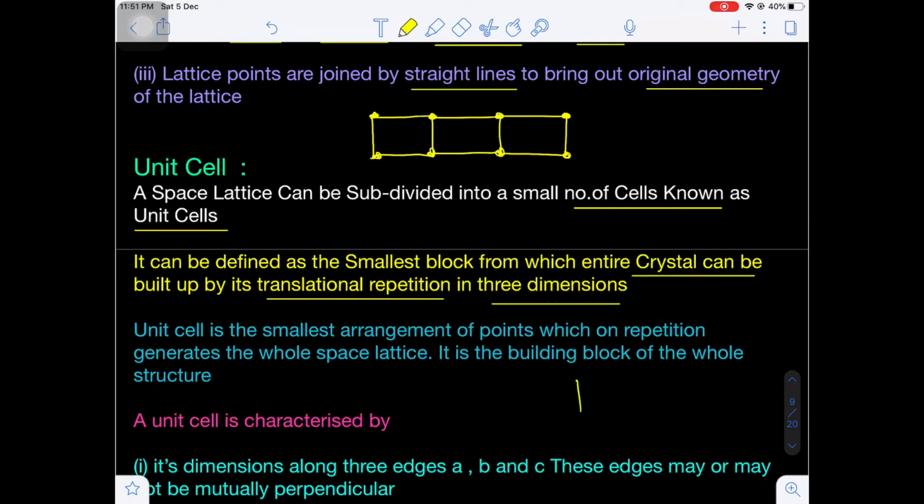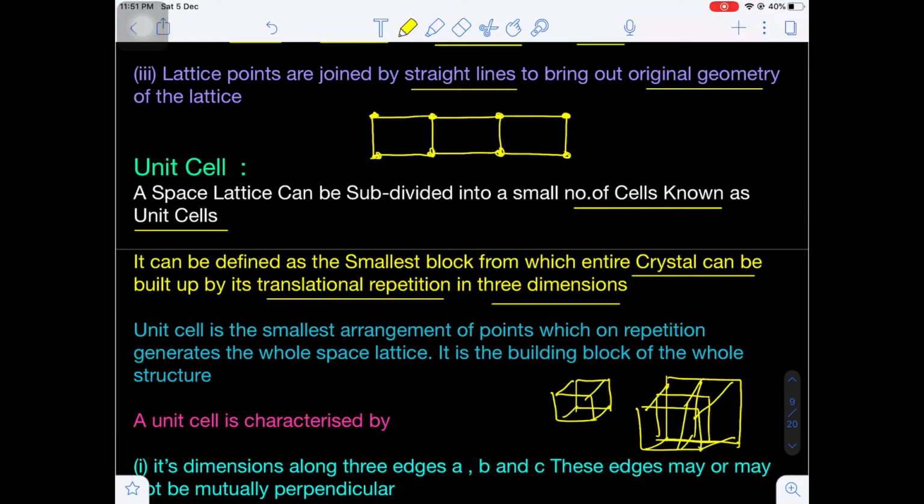If you see a small cube which is repeated in three-dimensional space, you will get the entire crystal structure. Such repetition of a small cube or small portion in three-dimensional space gives the total crystal structure.